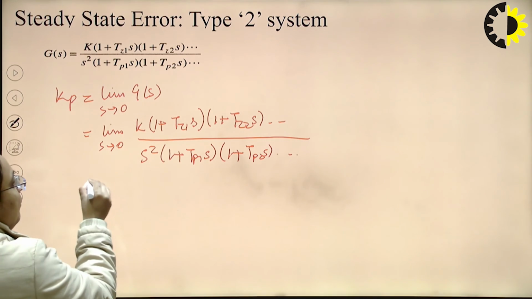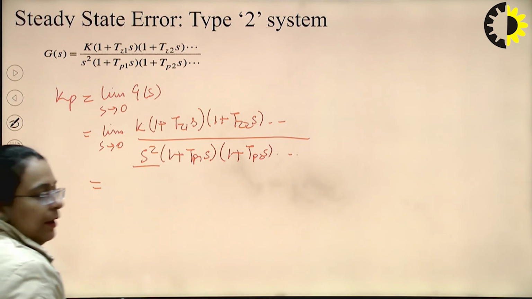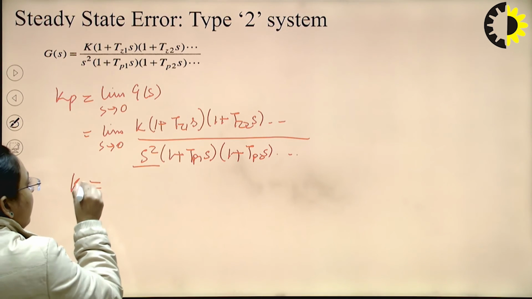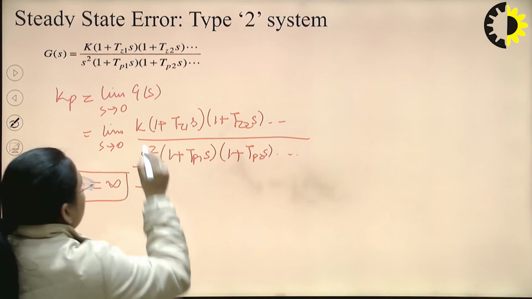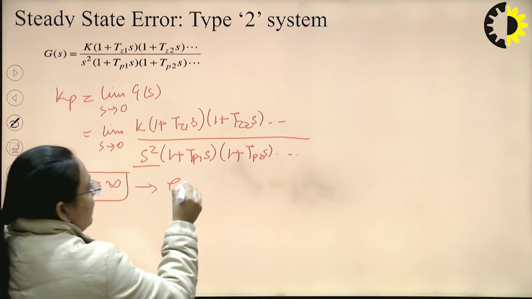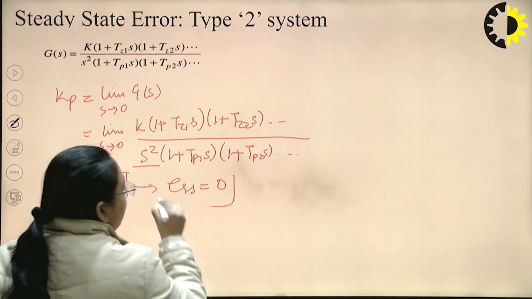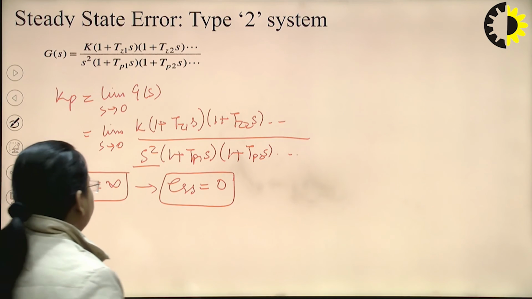Because of this s square it will become infinite, and correspondingly, something upon 0 is infinity. Steady state error comes out to be 0.